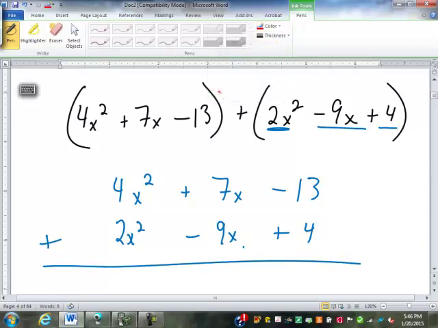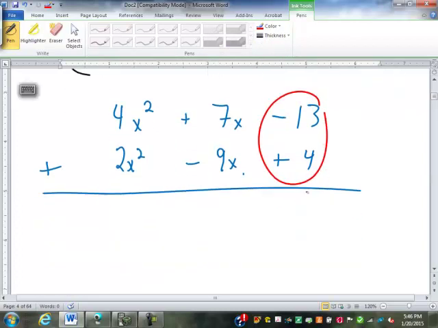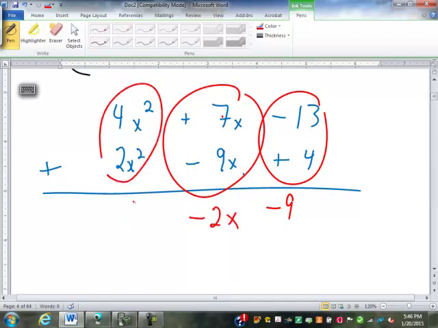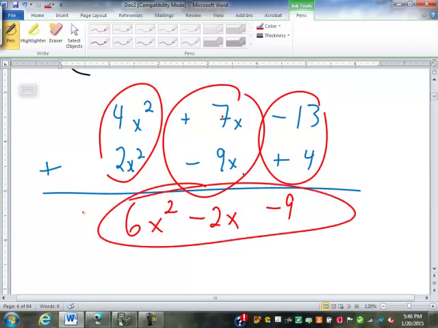Now, just like adding any other numbers, we're going to add down the columns. Negative 13 and 4 make negative 9. 7 and negative 9 make negative 2x. And then 4 and 2 make 6x squared. And we've just added polynomials.